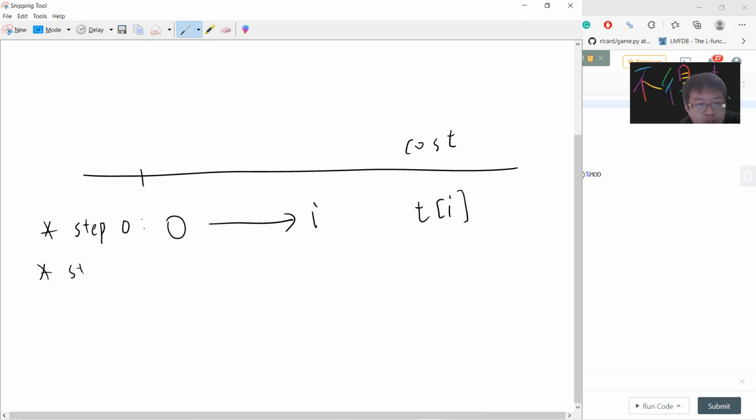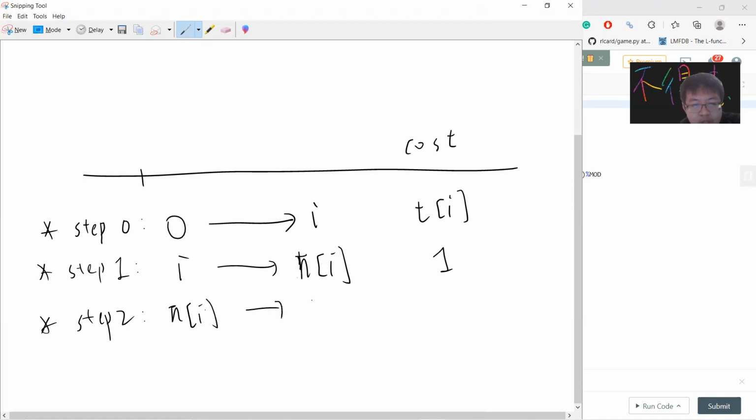Step two: you go from i to nextVisit of i, which takes one step. Step three: go from nextVisit of i back to i, which spends T of i minus T of nextVisit of i. Now you have arrived at position i twice.